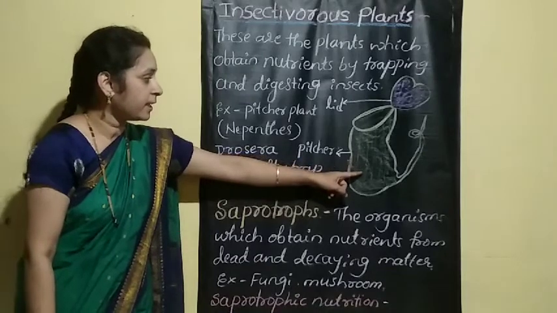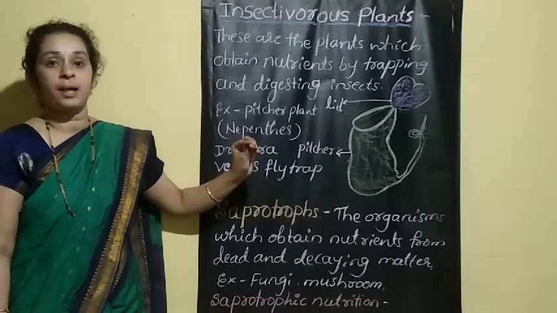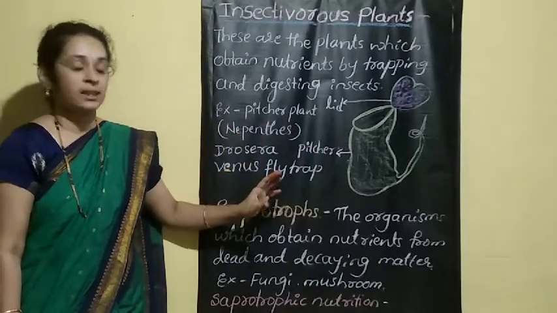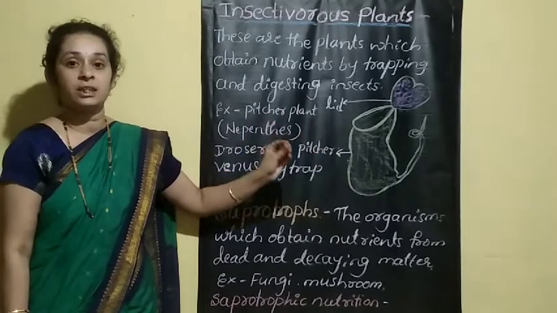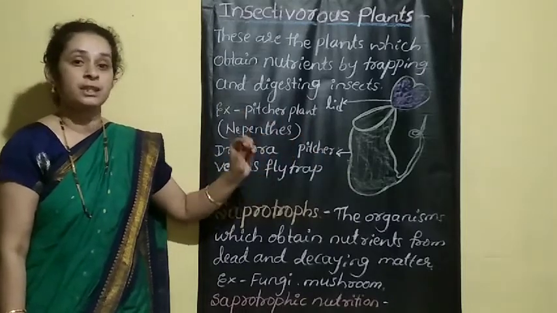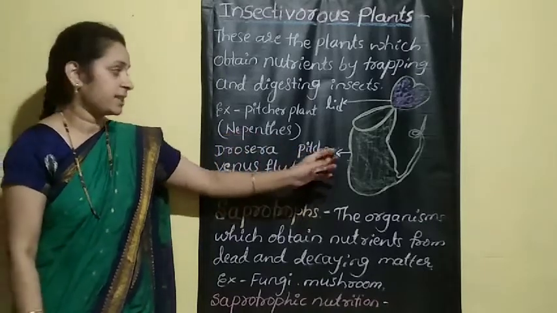Insects are digested in the pitcher by the digestive juice secreted by the pitcher cells. Inside this pitcher, you will come across cells that secrete digestive juice. With the help of this digestive juice, insects are digested.